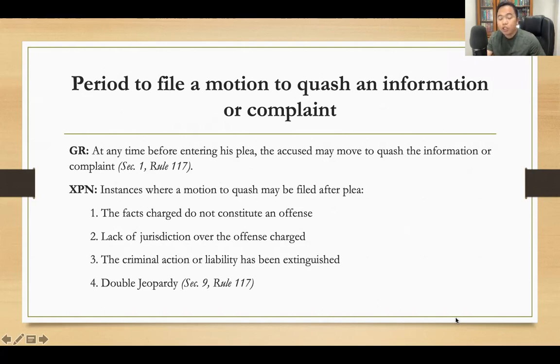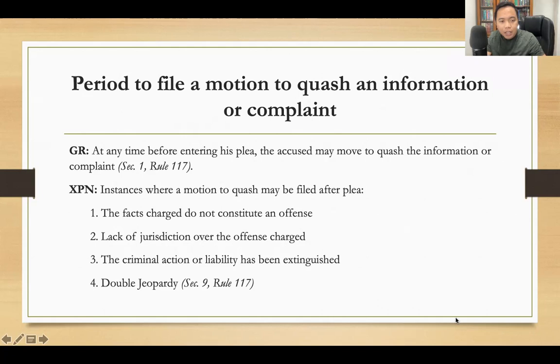But assuming the prosecution filed the complaint before the municipal trial court or the first level court, then the court has no jurisdiction over the offense charged. Question: can the accused file a motion to quash even after arraignment? Answer: yes, because the court lacks jurisdiction over the subject matter of the offense charged.